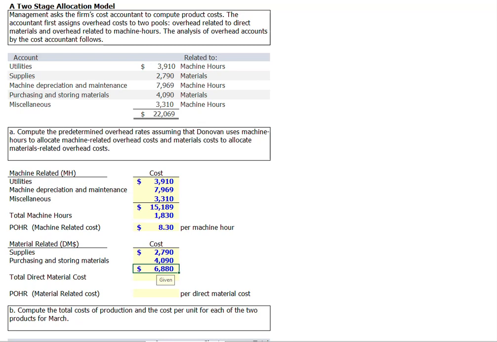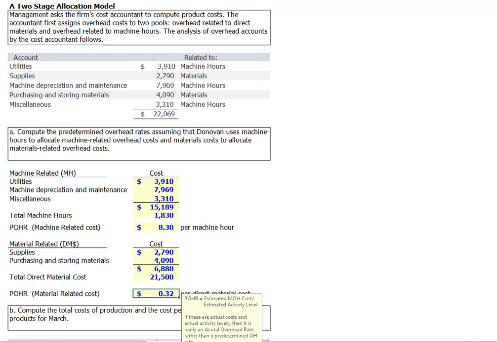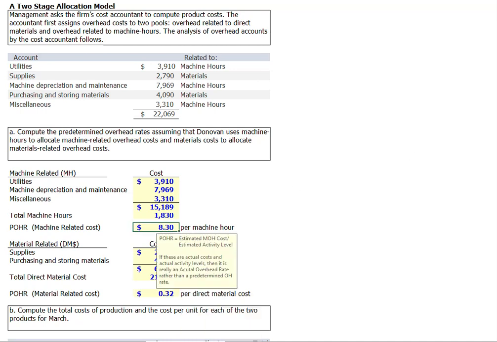We're going to divide that by our total direct material cost, which was given up above, and we get a predetermined overhead rate for material related costs of 32 cents. This means that every time $1 in direct material cost goes to a job, we also allocate 32 cents in material related overhead. And every time a job incurs 1 hour of machine time, we're going to allocate $8.30 to that job or product.